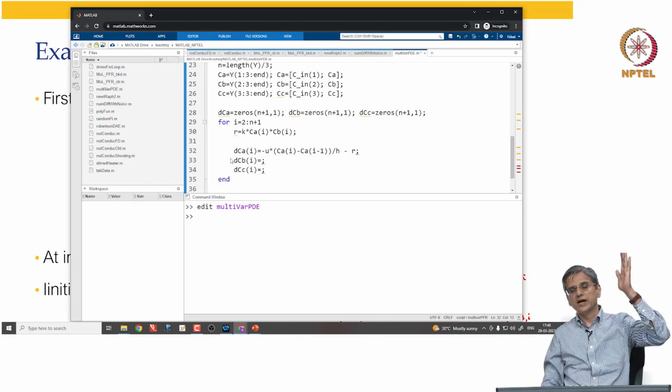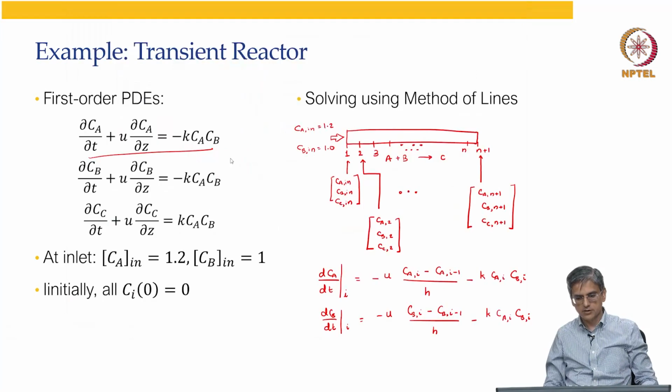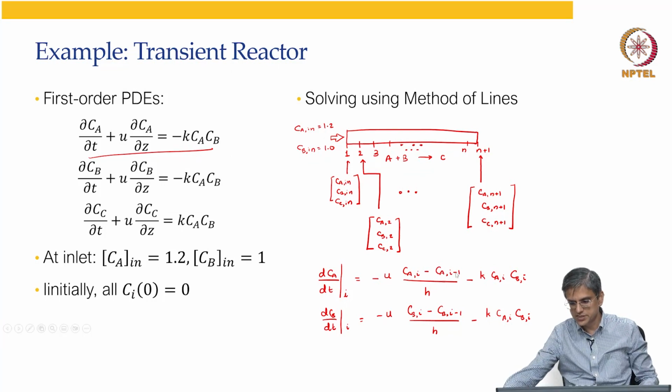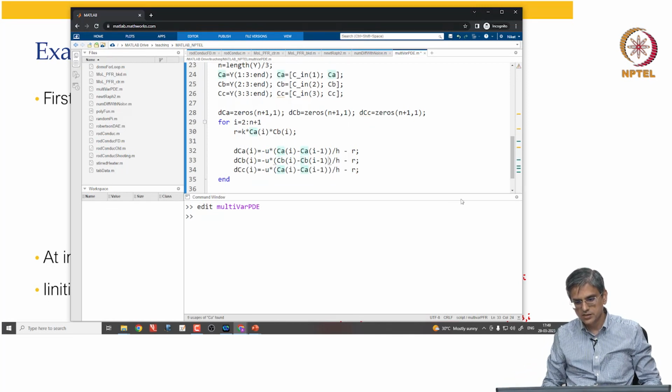So that is the first one. The second one, let me copy this and paste it over here. For the third one also we will paste this, Cb, Cb and again minus r, and we will have Cc, Cc and plus r.